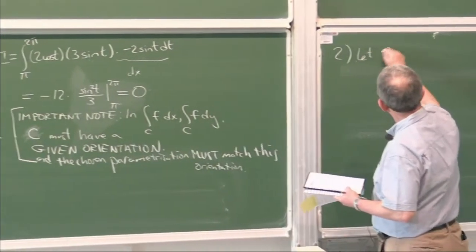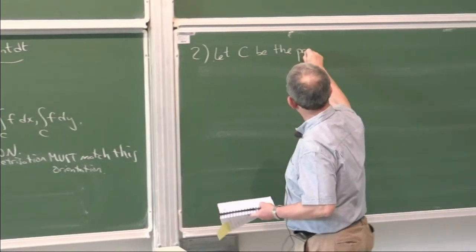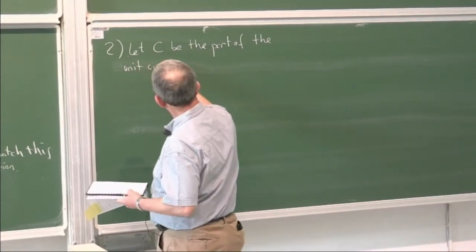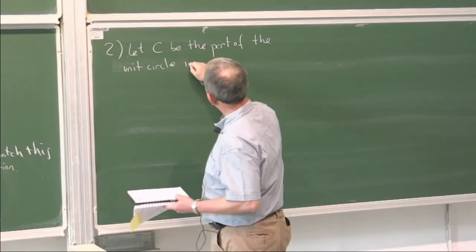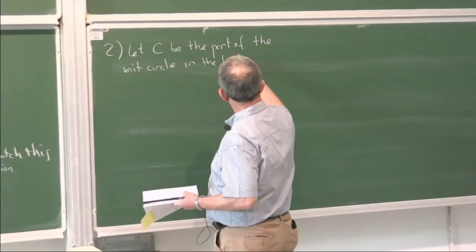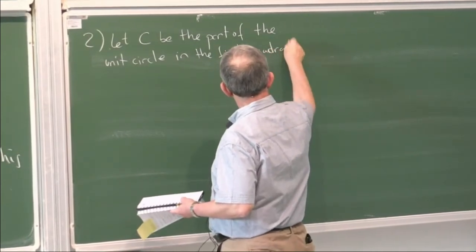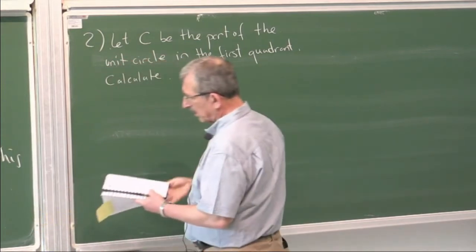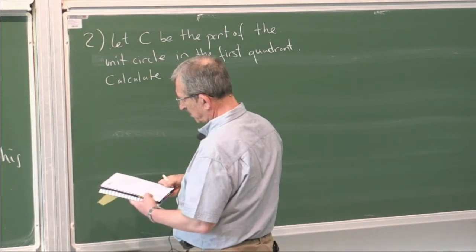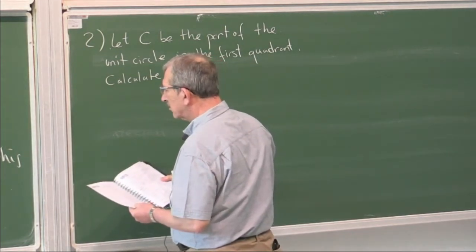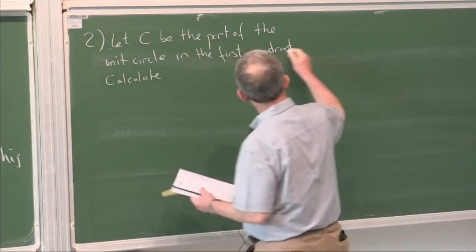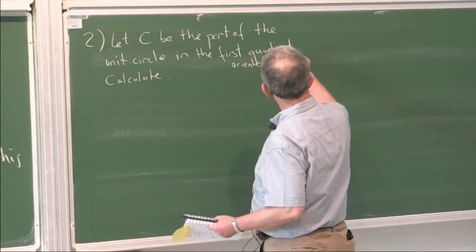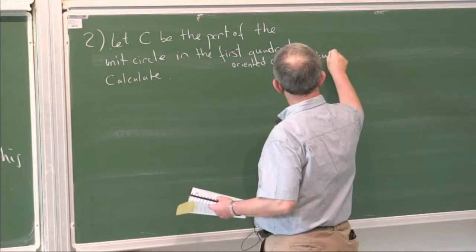Now let C be the part of, let's say, the unit circle in the first quadrant, oriented counterclockwise.